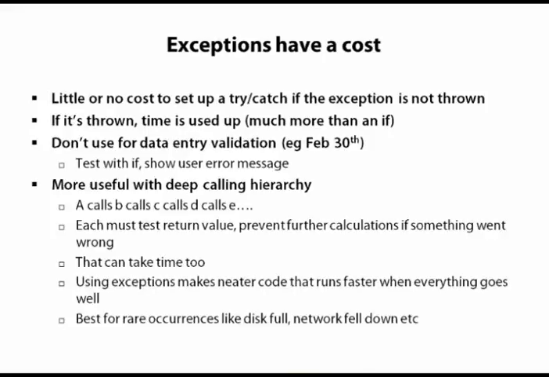So you've got the combination of a really deep calling hierarchy and a really rare occurrence, it's screaming for exceptions. When you have a very, very shallow calling hierarchy, like one function deep, and a dirt common problem like users typing bad values, that's a bad case for exceptions.